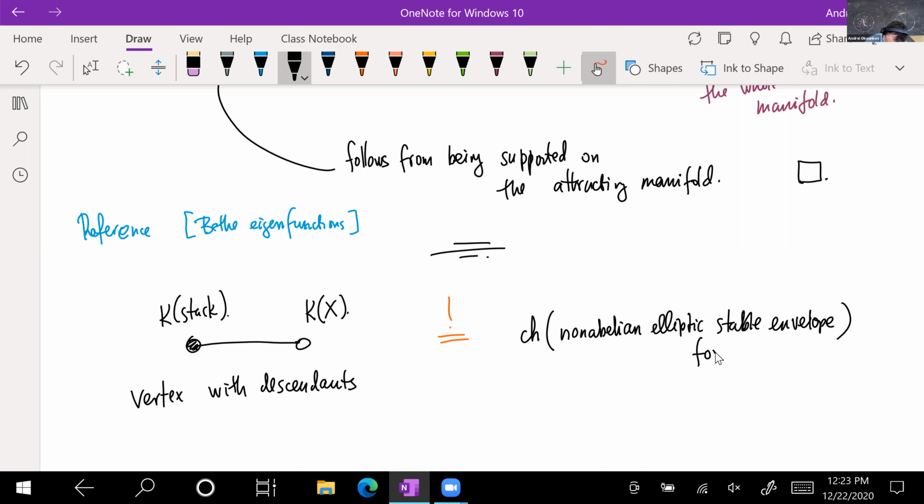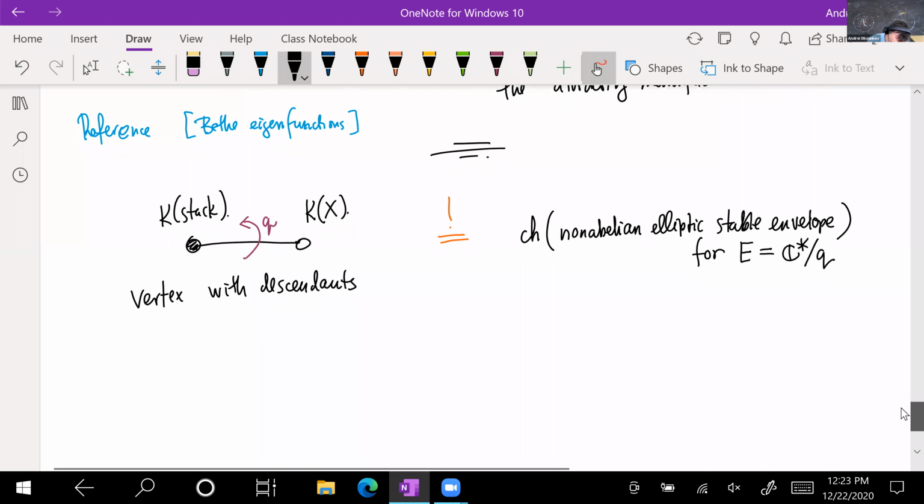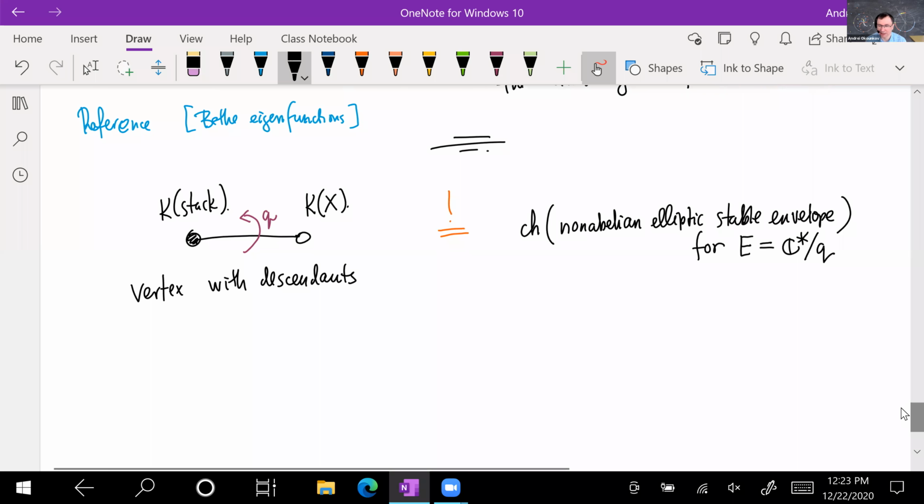There is this action, by the way, as it is defined, we use the action of Q on the domain of the map, and then this elliptic curve would be C star mod Q. So let's unravel what the statement says.